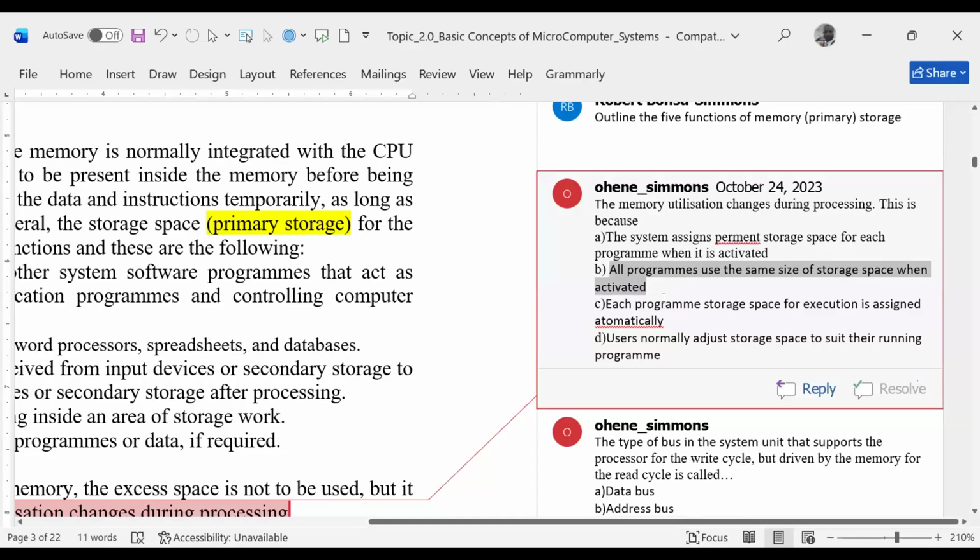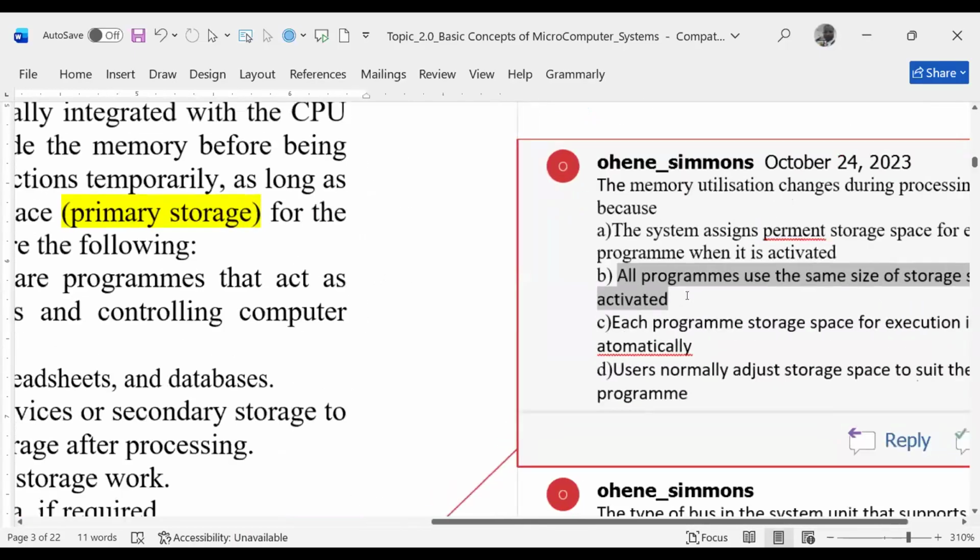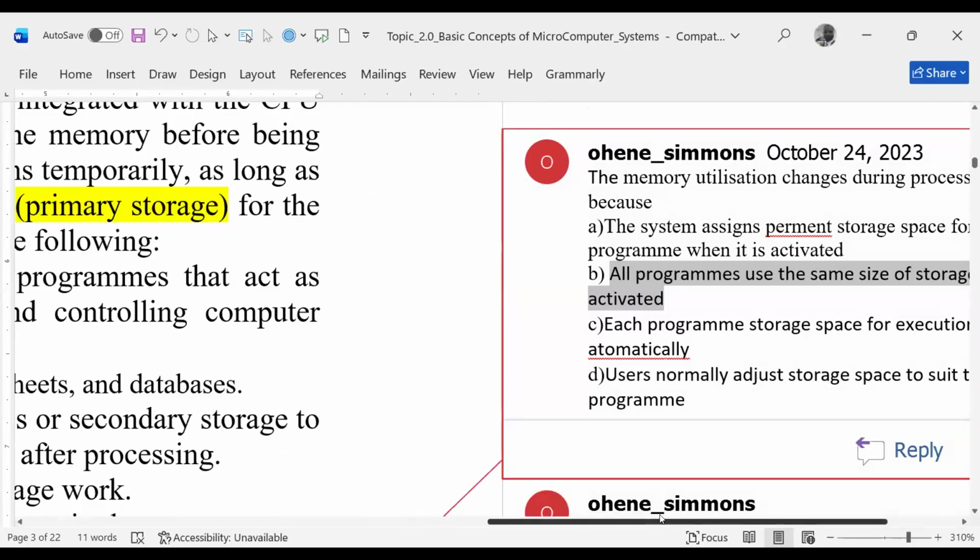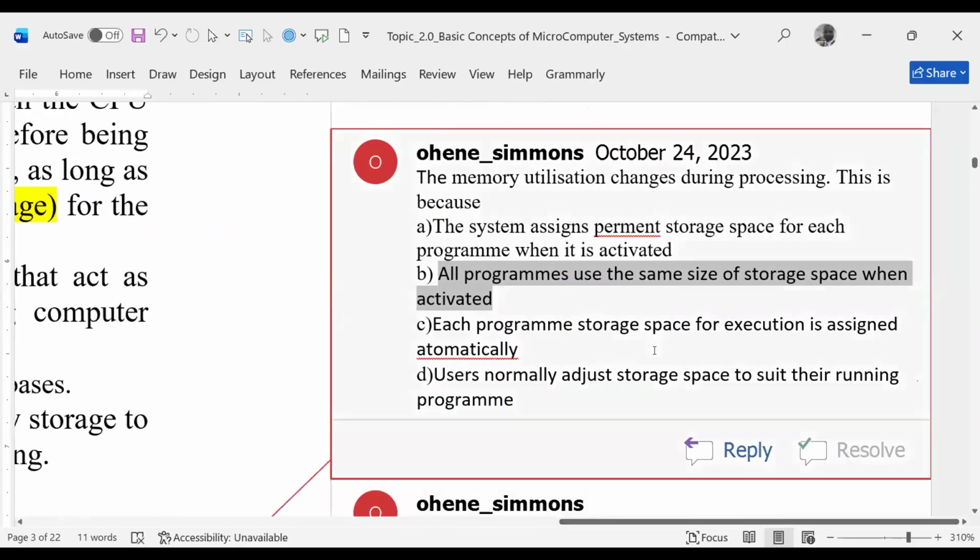Read the B again. All programs... Is your answer B or D? Initially I chose D. So which one is the final one? Please, I'll take B for now. Okay, read it.